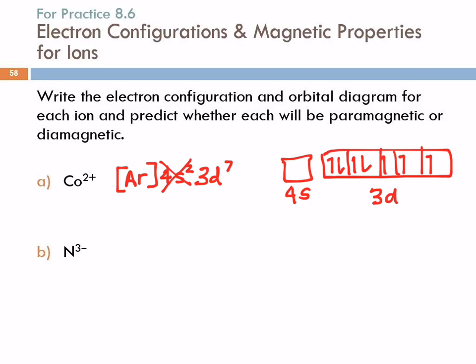Is this paramagnetic or diamagnetic? This is a hard association. I struggle with this one. I have to think about it, because paramagnetic sounds like pairs, right? And you think, oh, paramagnetic, they're all paired up. No, it's the opposite of that. What works for me is diamagnetic. Okay, di is 2, right?